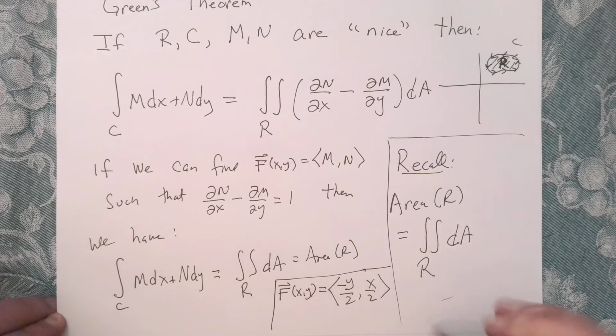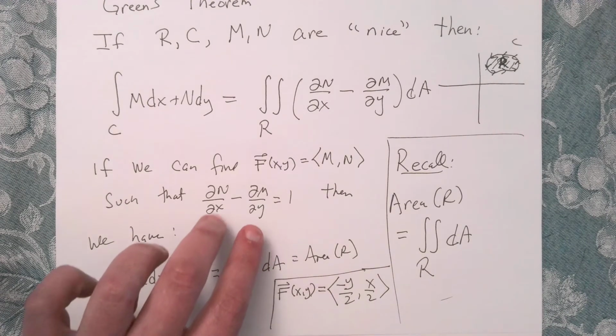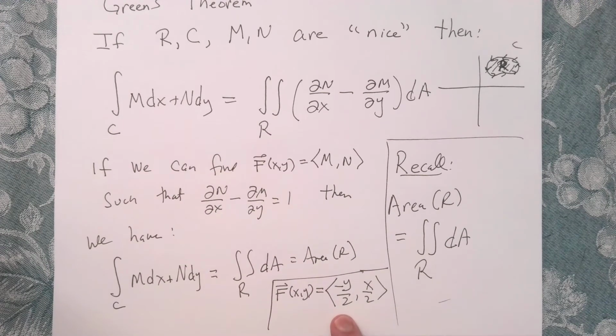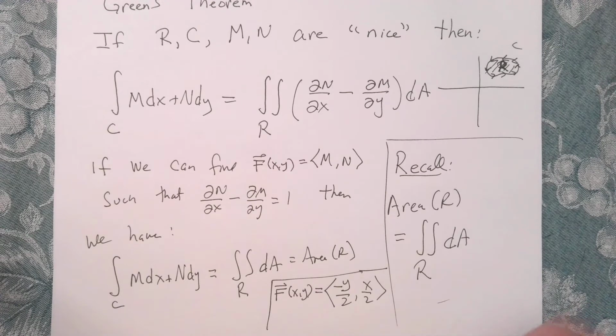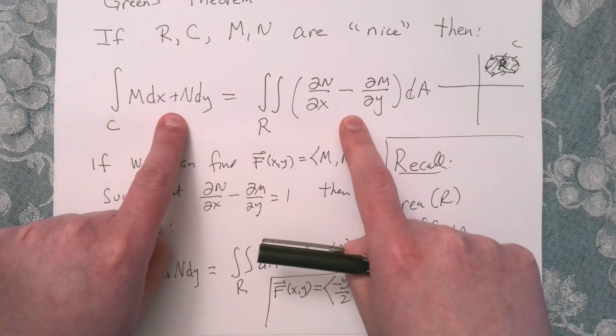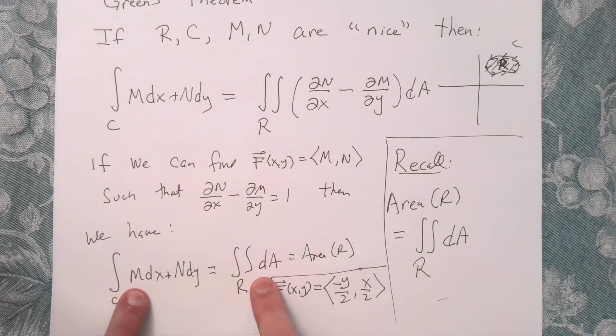And you can verify that if you compute these partials and then take their difference, you're going to get 1, because you're going to get 1/2 plus 1/2, which is 1. So this is a vector field that satisfies this, which turns this into this.